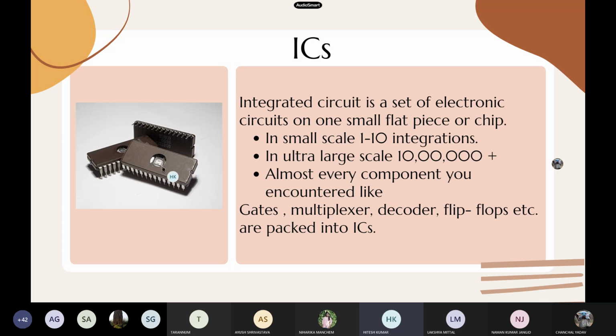The whole circuit, the chip die, is implemented only in this small piece. So you can get some idea that the original circuit size is very small as compared to the size of a chip.